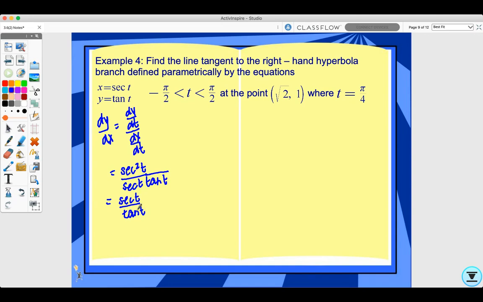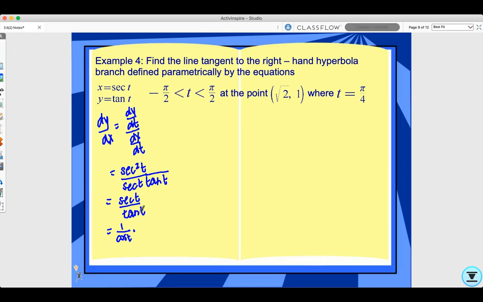Looking at this, you could put it in terms of sine and cosine. I'd have 1 over cosine t times cosine t over sine t, since tangent t is sine over cosine, so I multiply by the reciprocal, which is cosine t over sine t. Those cosines cancel out, and I get 1 over sine t, or cosecant t.